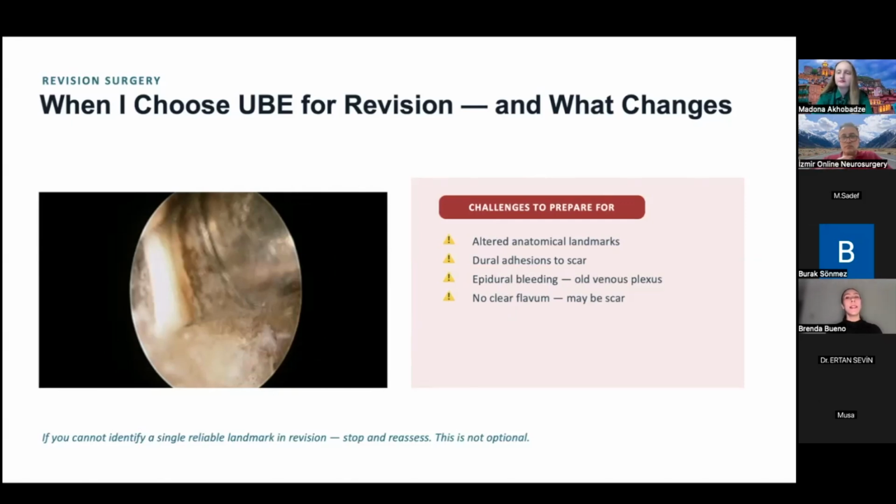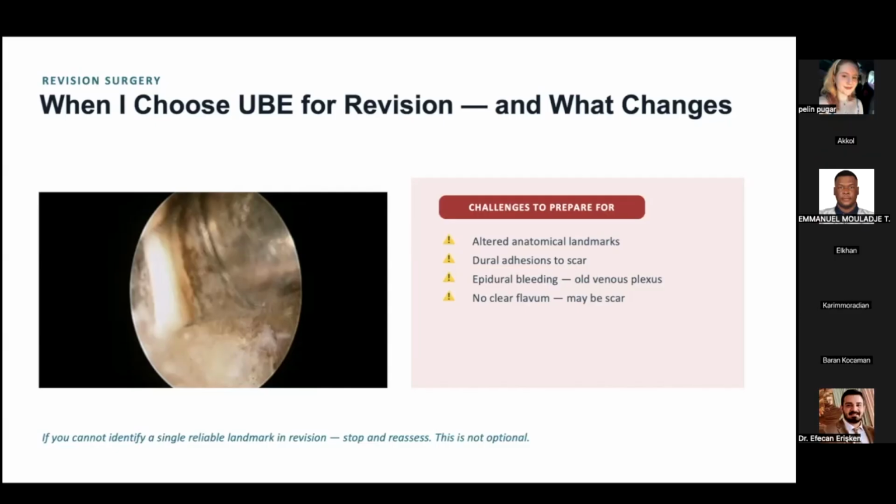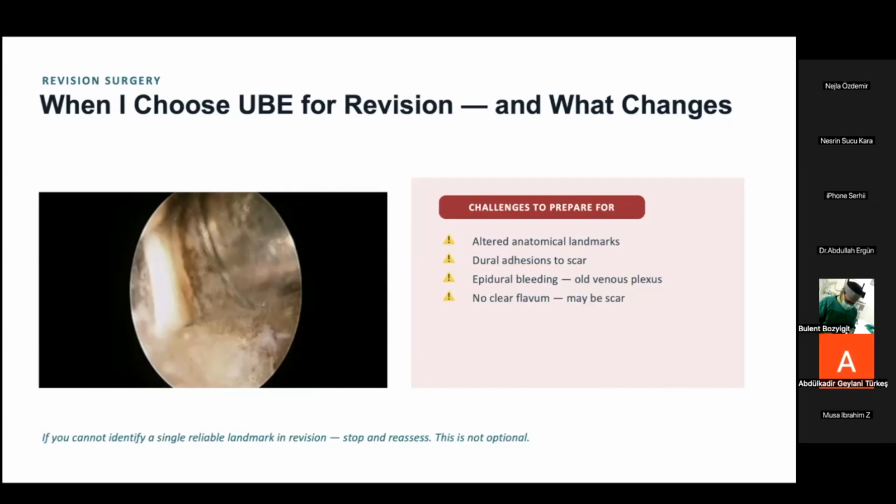You need to be very patient in this surgery because you need to go very slowly to recognize the structures. Sometimes, if the first surgery was on the right side, I go for the left side to start with something more recognizable anatomically, and then go to the revision pathology.